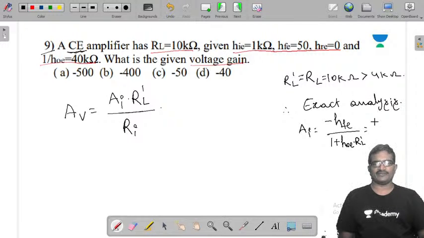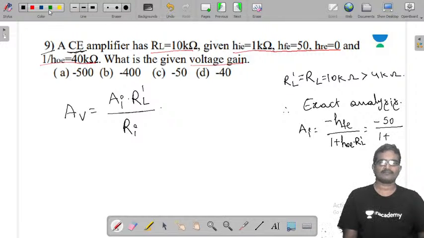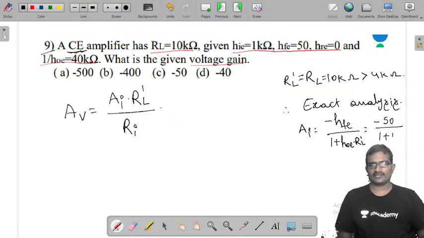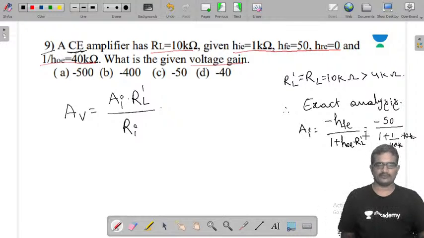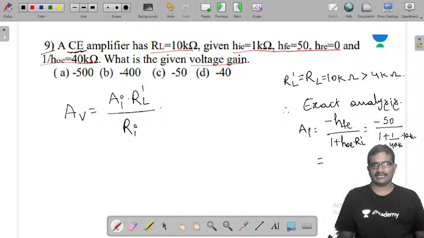So it is minus hfe, minus 50, by 1 plus hoe, where 1 by hoe is 40k, so hoe is 1 by 40k, into RL dash 10k. Now it is minus 50 by 1.25, which is 40. So the current gain is minus 40.